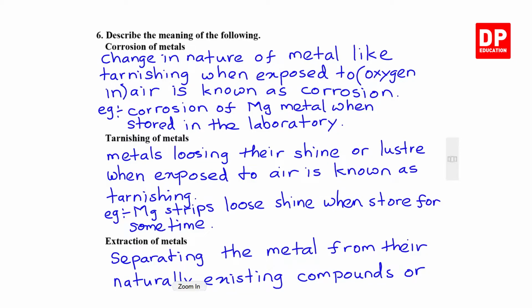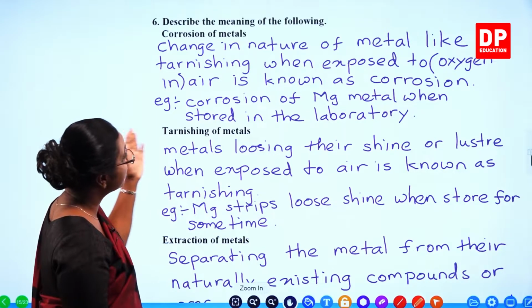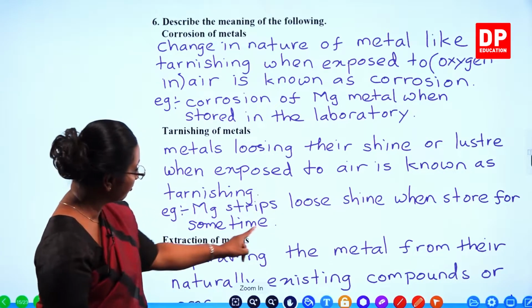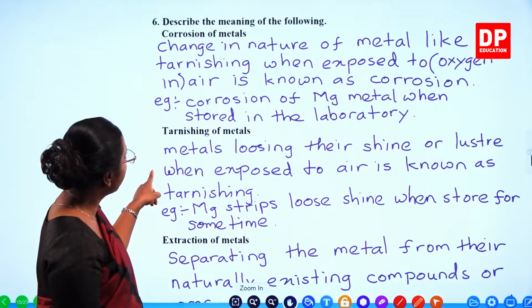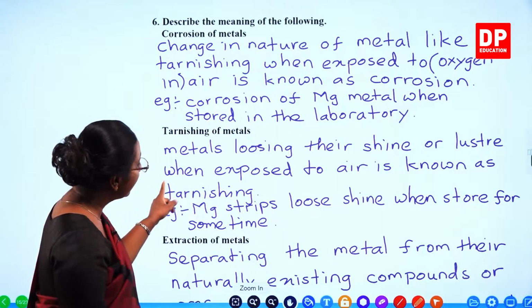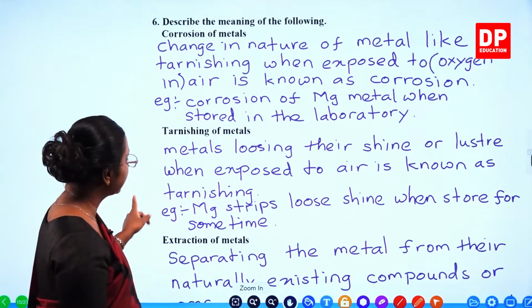So here, students, we have actually described the meaning of the following terms. So in that corrosion, I explained that to you all. Then we have tarnishing of metals. Now only I wrote the example. So tarnishing is metals losing their shine or luster when exposed to air is known as tarnishing.